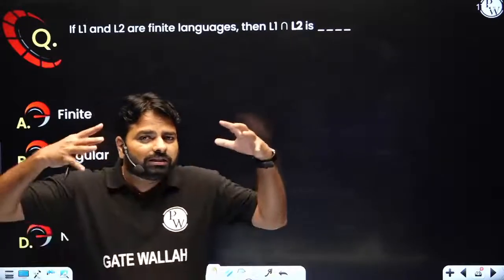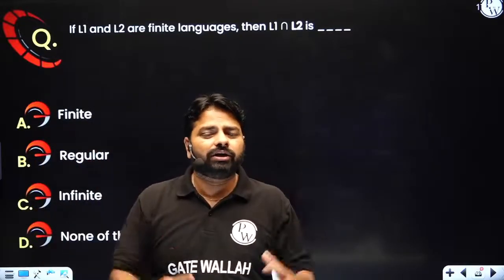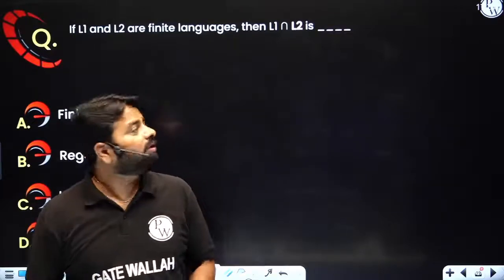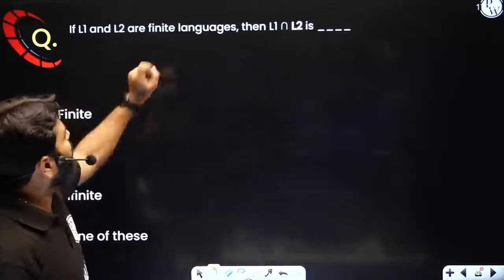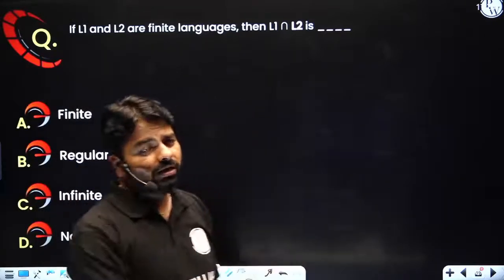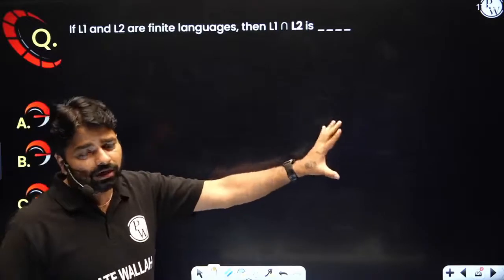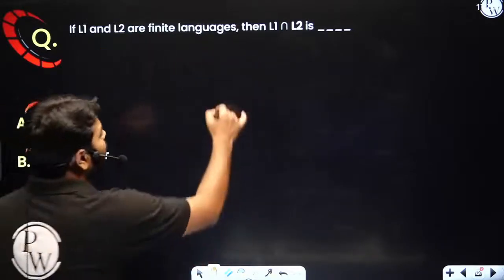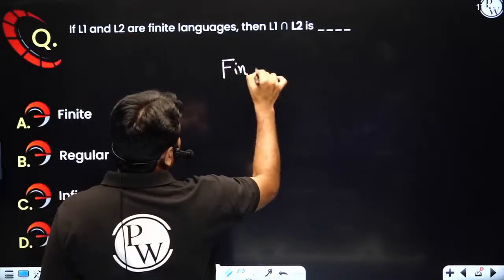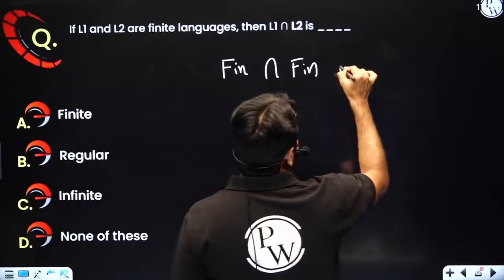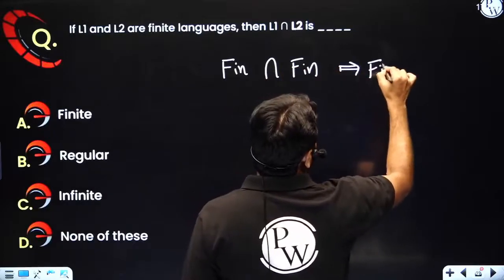So using this idea, now we will go very quickly for the intersection operation. Okay, let's start with L1 and L2 being finite languages. Then what is the intersection? I'm going to be a little bit quick, as you are aware of what I did in the union operation. Finite intersection finite. Any doubt about it? Finite intersection finite, can I say it is always finite without any doubt?